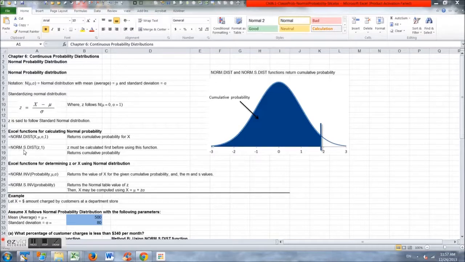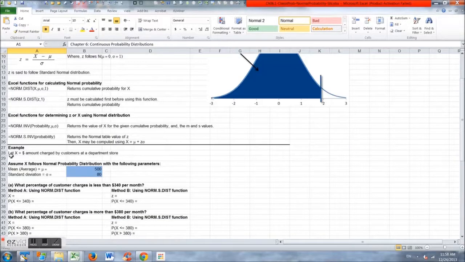So we can use either one of them, but remember, to use the norm.s.dist we have to first calculate z ourselves. So we can avoid having to do that if we use this function. So that's why I prefer using the norm.dist function and not norm.s.dist.